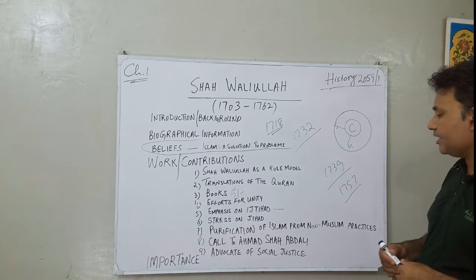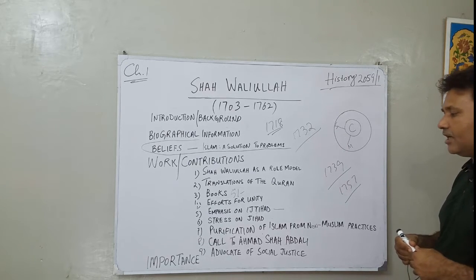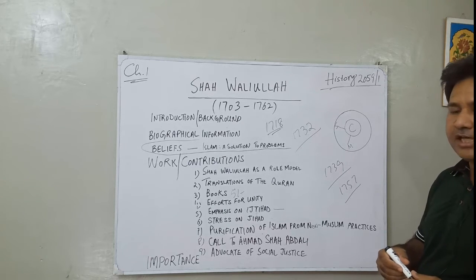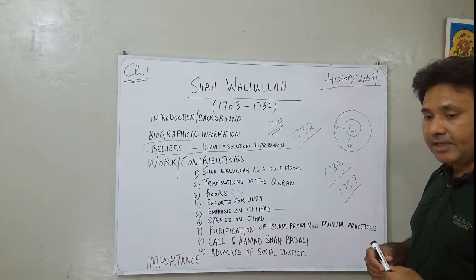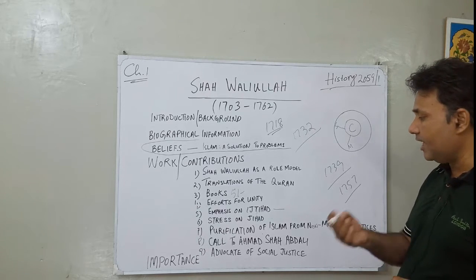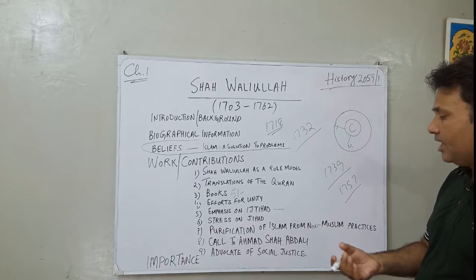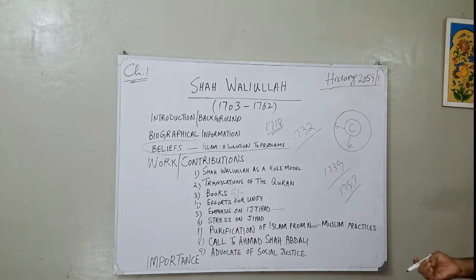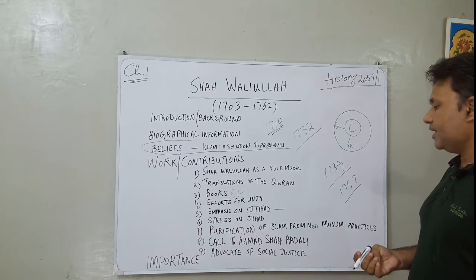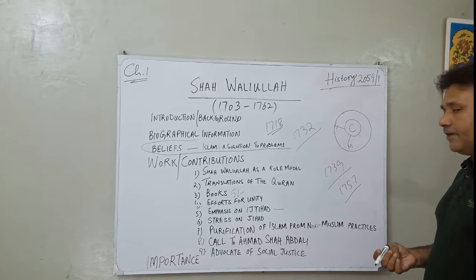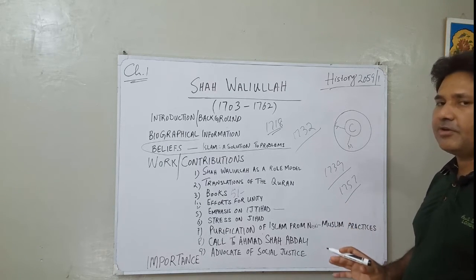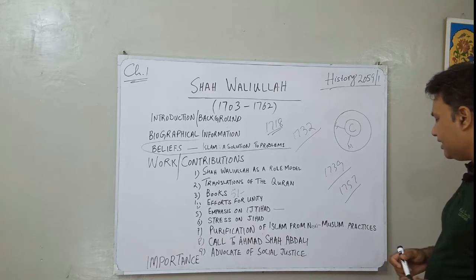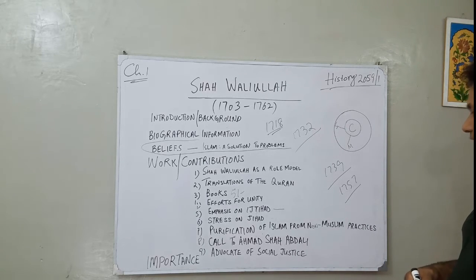For example, he did not want the Indian Muslims going into Hindu holy places or participating in their cultural festivals and so on. This is how he tried to purify Indian Islam from non-Muslim practices, so that the Indian Muslims could maintain their unique identity, and this is how they could get united.